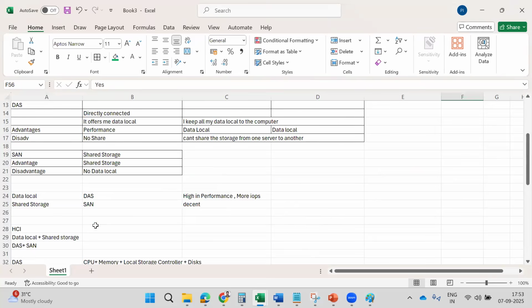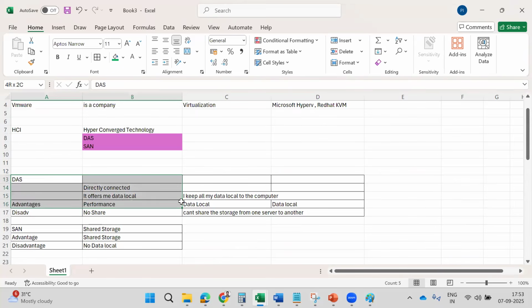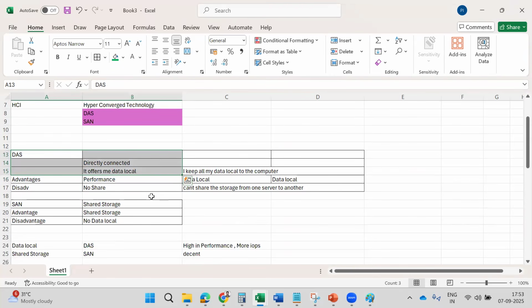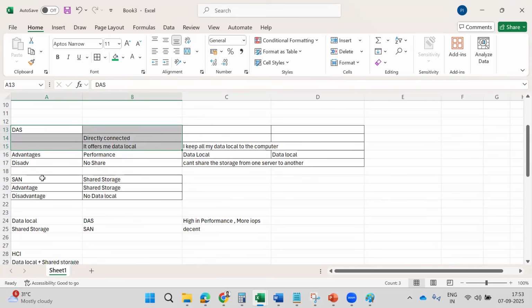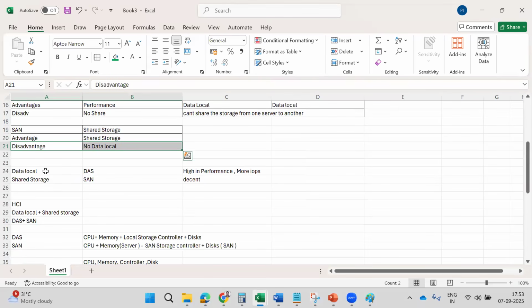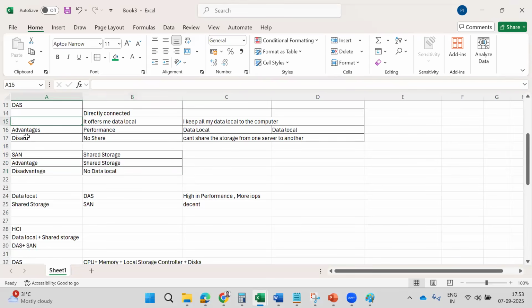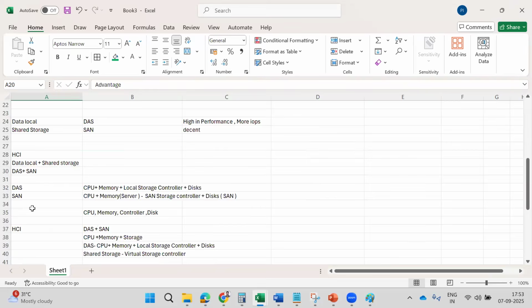Okay, so we discussed DAS. DAS offers data locality, but at the same time, DAS has a disadvantage that it can't share the storage. SAN can give me shared storage, but it does not give me local storage. So I'm looking for a solution which gives me the advantages of DAS and SAN. This is where HCI comes in.